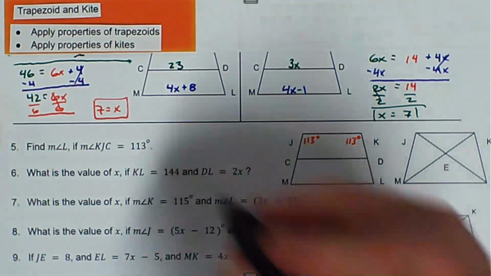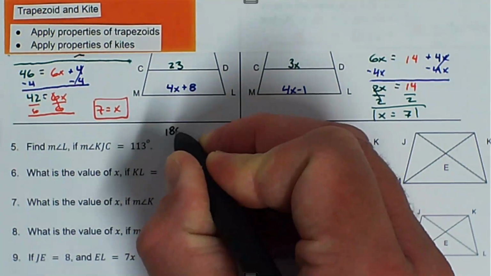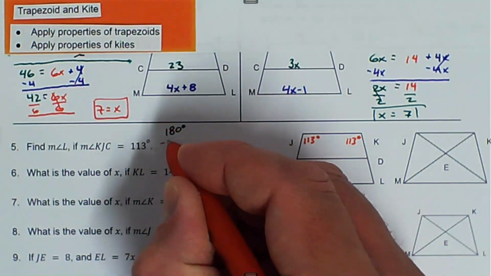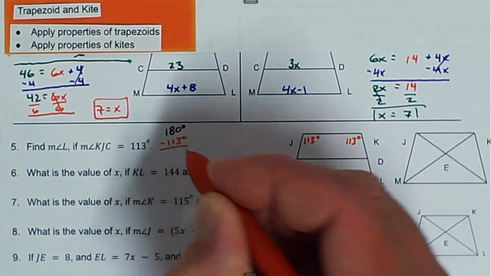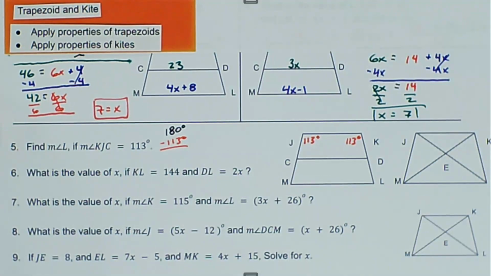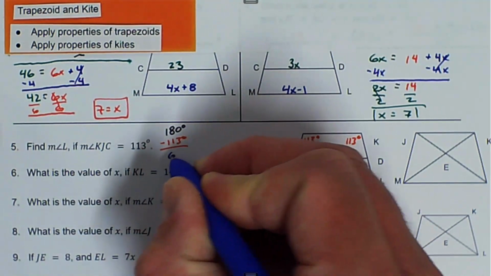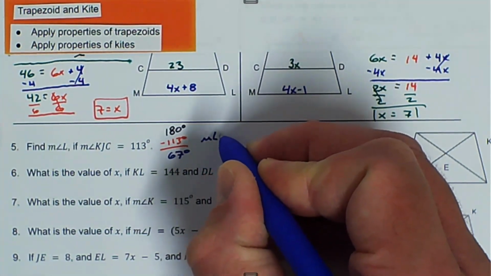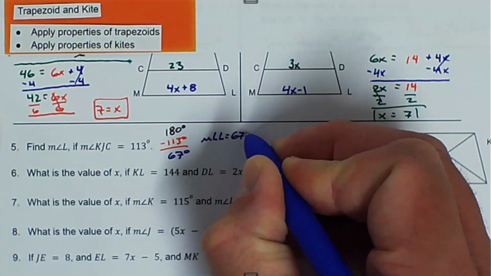So supplementary is 180 degrees. So we can say 180 degrees minus 113 degrees, and that is going to tell us that that is 67. So the measure of angle L is equal to 67 degrees.